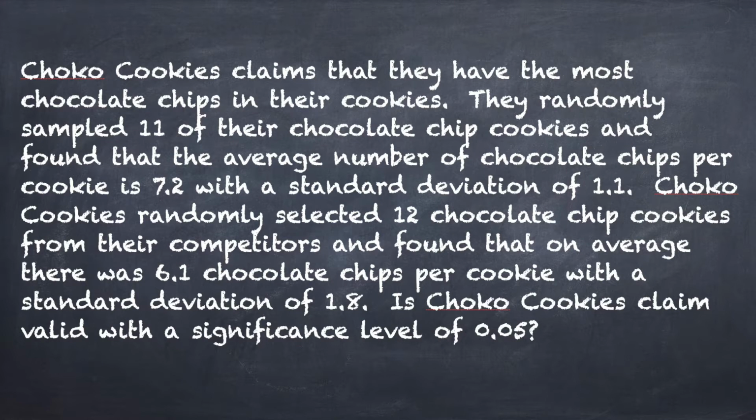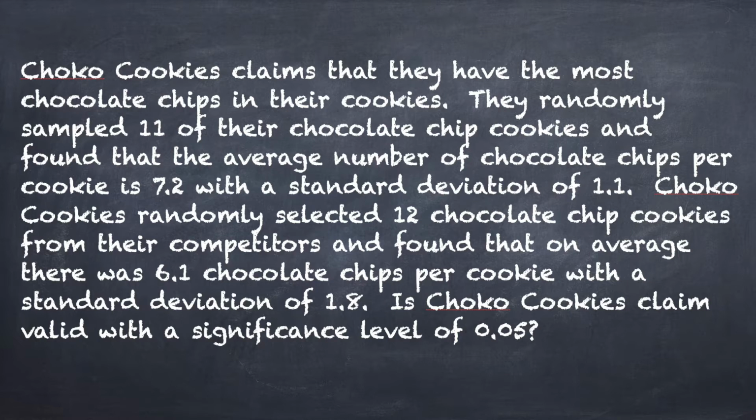Okay, so our first example. Choco Cookies claims that they have the most chocolate chips in their cookies. They randomly sampled 11 of their chocolate chip cookies and found that the average number of chocolate chips per cookie is 7.2 with a standard deviation of 1.1.